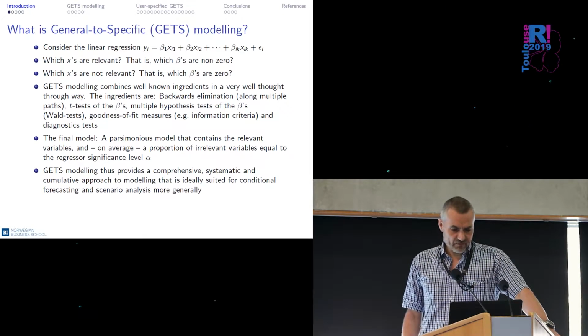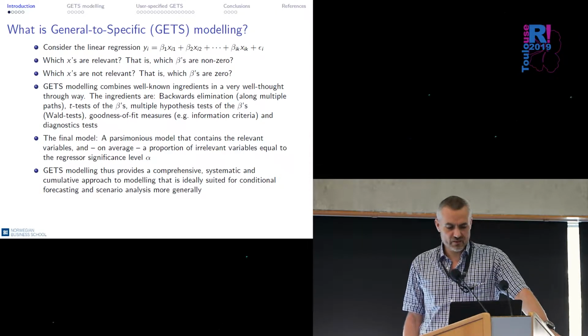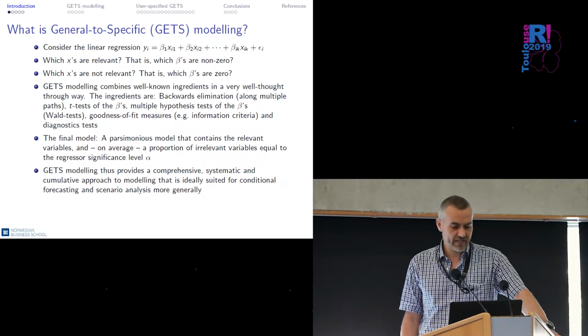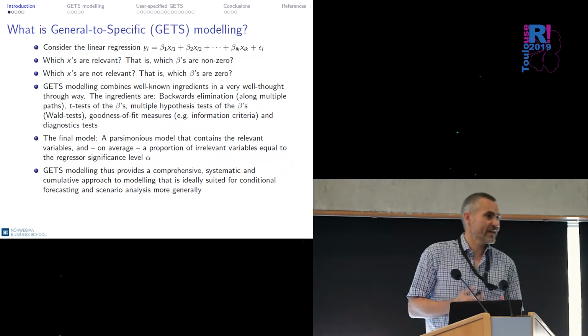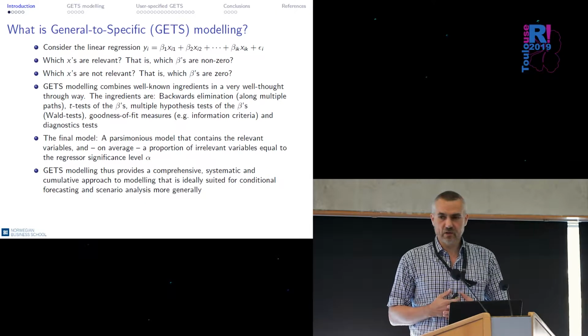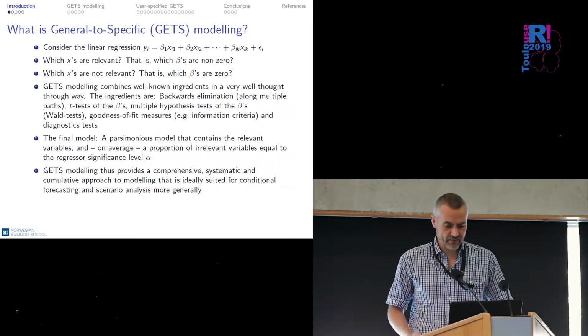So Gets modeling provides a comprehensive, systematic, and cumulative approach to modeling that is ideally suited for conditional forecasting and scenario analysis more generally. And the origin of Gets modeling is with econometrics, modeling of economic data.